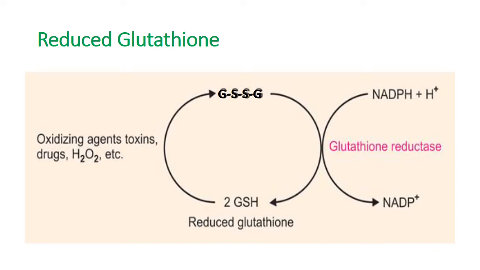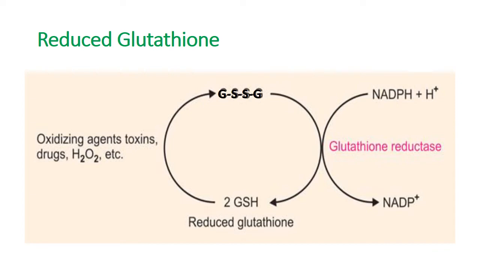This reduced glutathione then detoxifies the free radicals or oxidizing agents like hydrogen peroxide and the drugs which are responsible for this oxidative damage. So it gets oxidized again, and is then converted again into reduced glutathione if NADPH is there, and glutathione reductase enzyme is catalyzing the reaction.